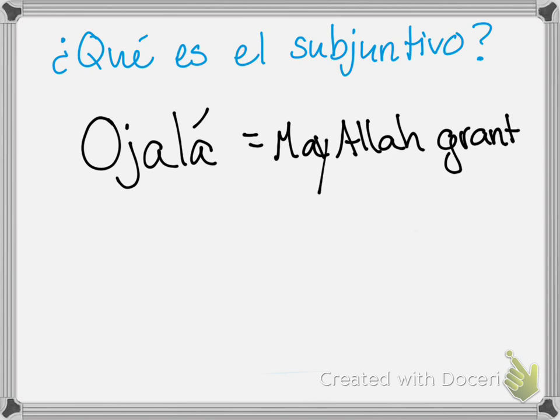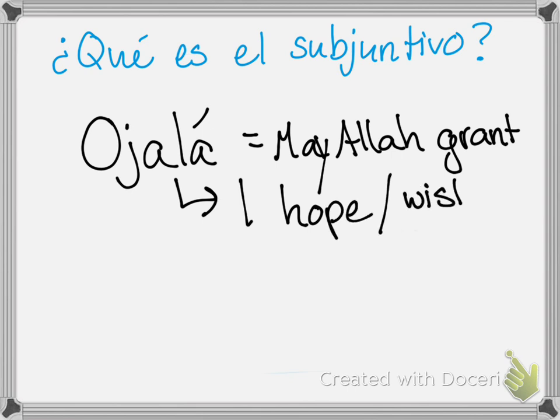That may Allah grant is kind of an antiquated way to look at it. It's definitely not the way that we translate it now. It's just the literal translation. Today, it's going to translate as I hope or I wish. Okay, I hope or I wish.